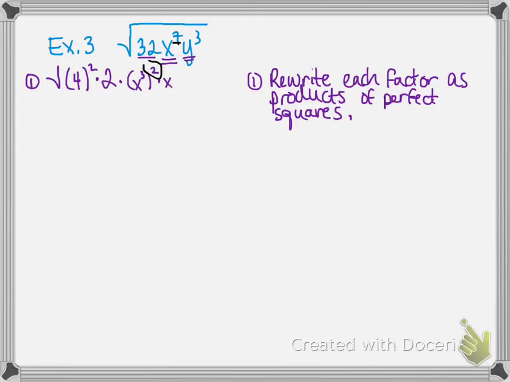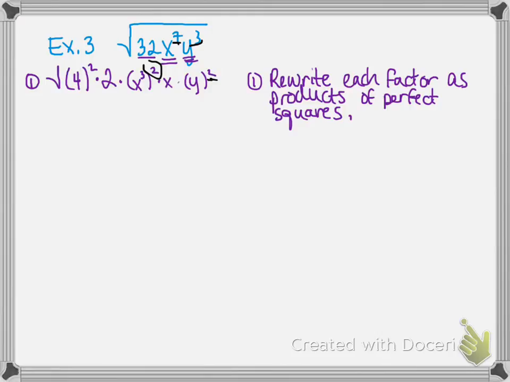Okay, I need to address my y now. So I need to figure out what squared and what left over equals y cubed. I'll take my 3 divided by 2. How many times does that 2 go into 3? It goes in once, so y to the 1, or just y.